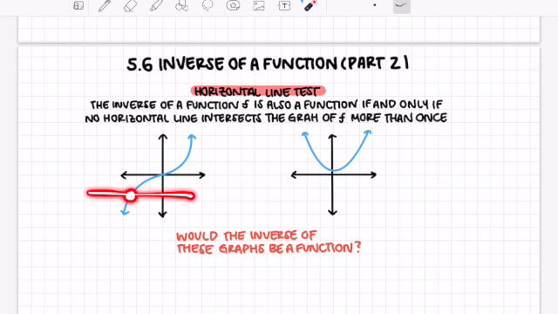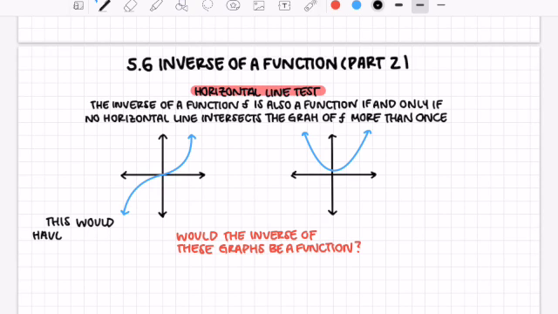There's never a time where we'll get 2 points. So this would be considered a function if it was an inverse function. So this would have an inverse function.